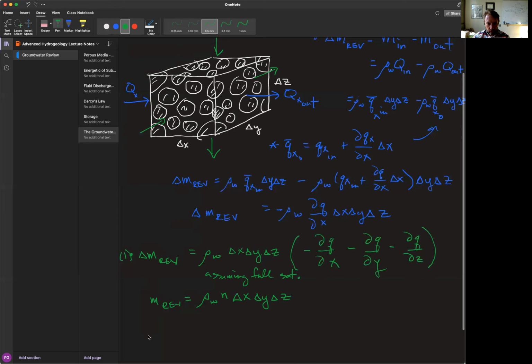So this is really dM/dt, and it is equal to d rho water n dt times delta x, delta y, delta z. So this is the left-hand side.